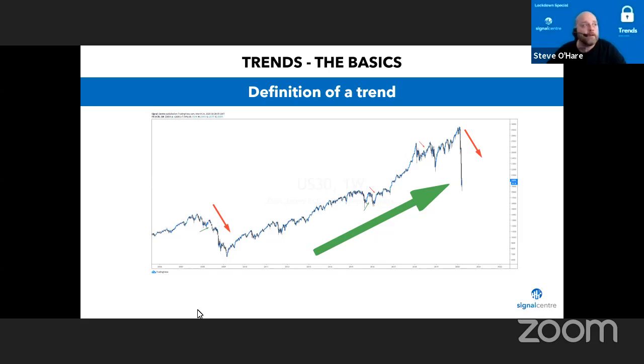So whenever you're looking at a price on a chart, contemplate what the longer-term trend is doing and what the shorter-term trend is doing if you're trying to define the intermediate-term trend. It's really important to understand that. We have the impulse move higher, and we have corrective moves happening all the time.